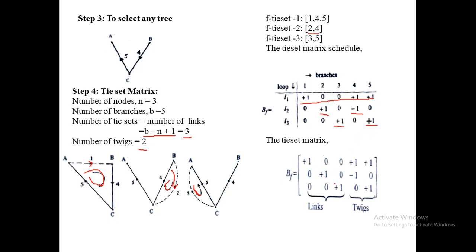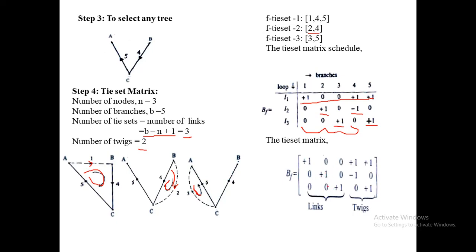In this problem we directly got the identity matrix, so we can directly write the same matrix here. This is the identity matrix. Then we can check whether our answer is correct or wrong.